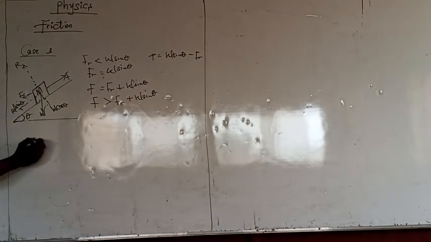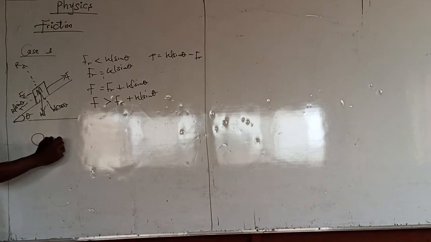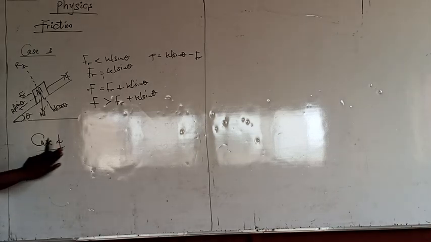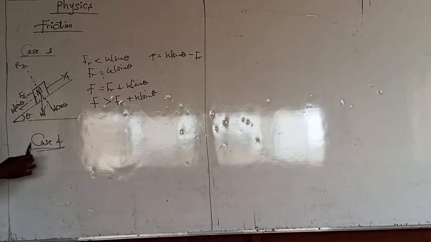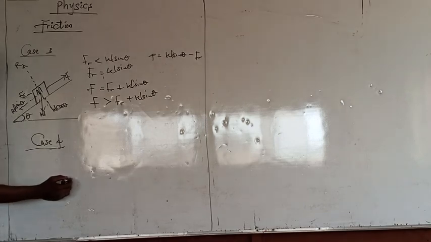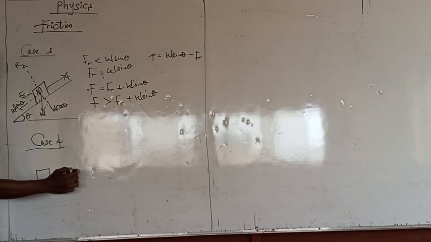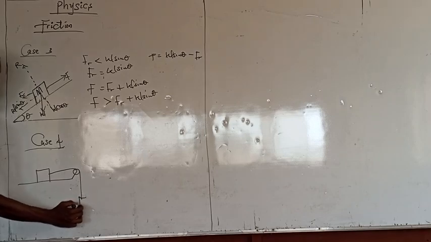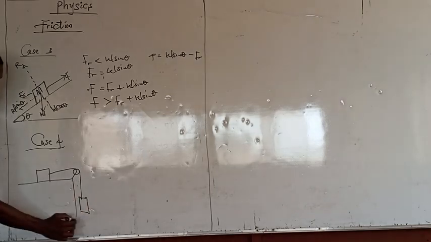The fourth case scenario, case 4, is a situation where we have a mass connected across a pulley to another mass. That is, we have a plane, a mass resting on the plane, and we have a groove here where it is connected to another mass by means of a pulley.